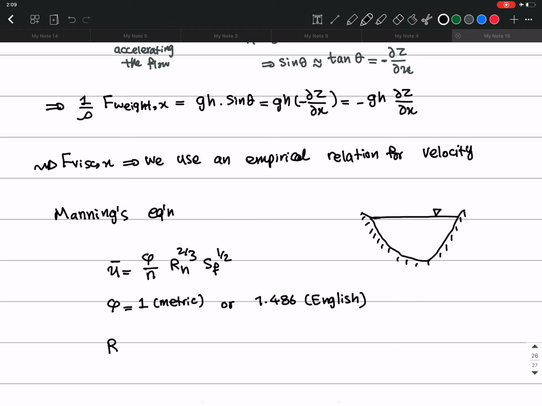So in SI units, this phi is just 1. Okay. And what is RH? So RH is hydraulic radius. It's just the area of that channel over the wetted perimeter.